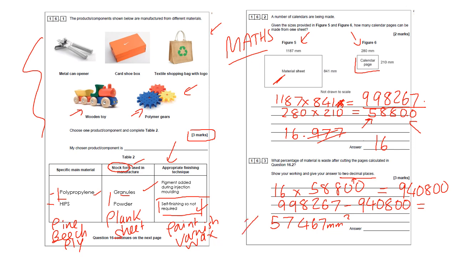So we need to know as a percentage what that is of the total amount. So you obviously divide it by 998267, then you times it by 100. And rounded to 2 decimal places, that gives you 5.76%. Lots of you will see this as 5 really easy marks. That's a really easy maths question, I think, anyway. If I can do it, it means it's easy.